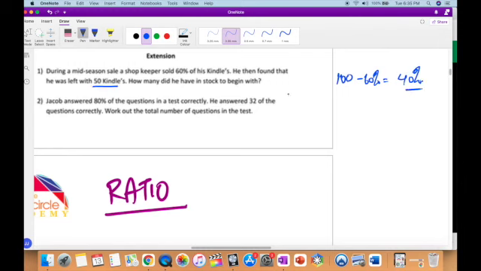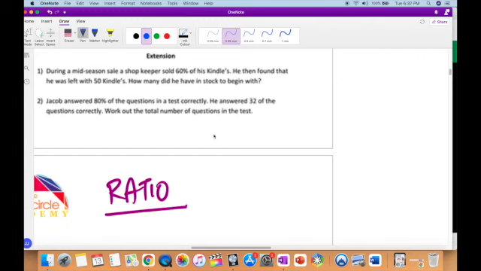And he has 50 Kindles left, so that means that 40% equals 50 Kindles. So therefore 1% is 50 over 40, and 100% will be 50 over 40 times 100. Very good. So he had 125 Kindles.